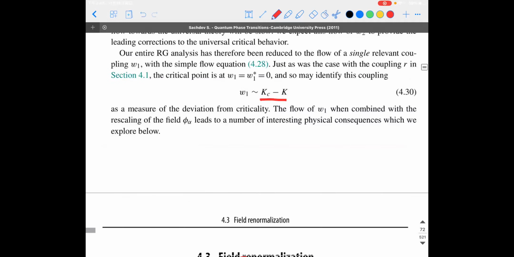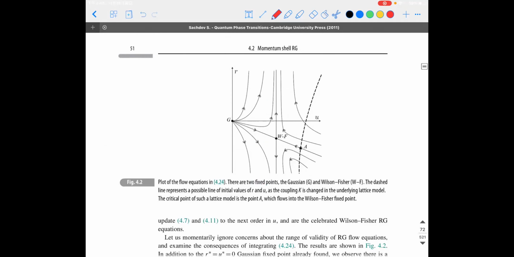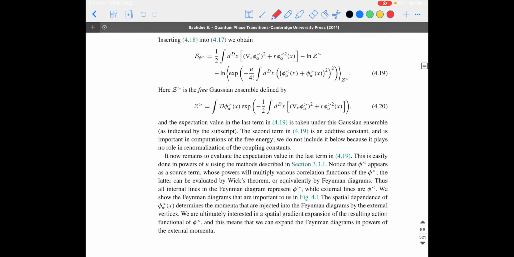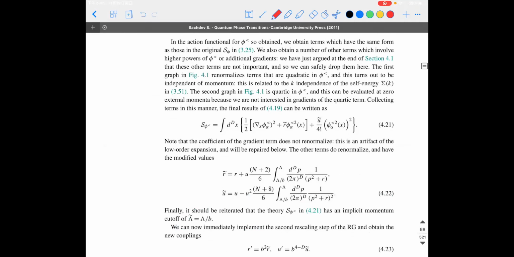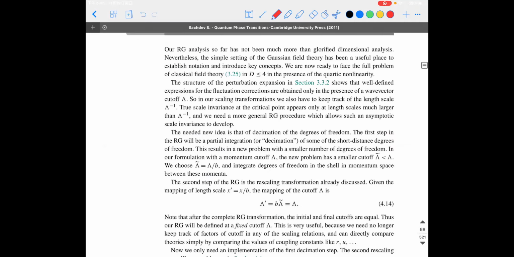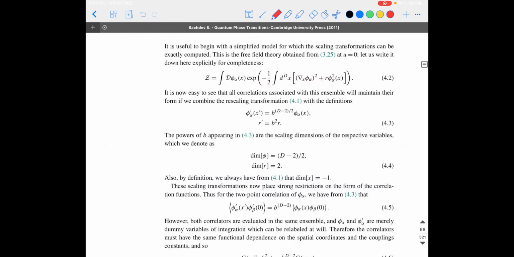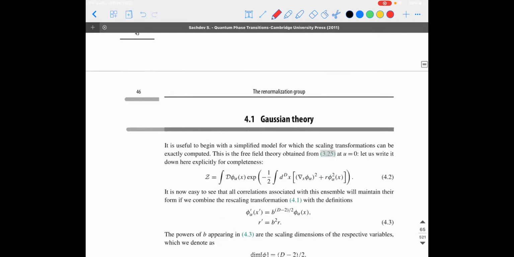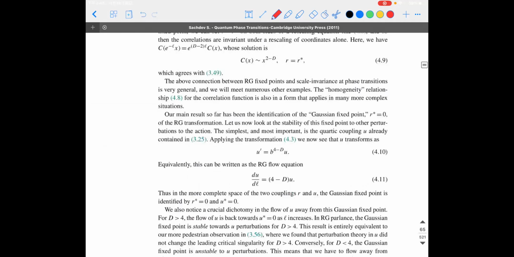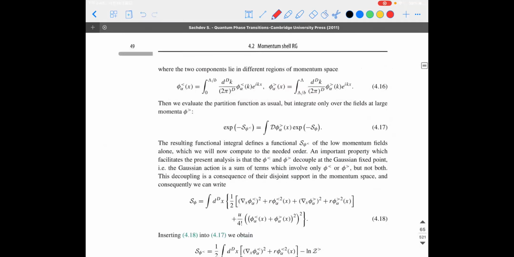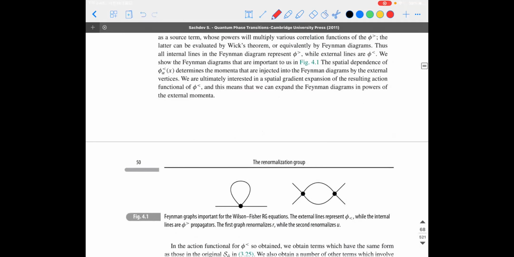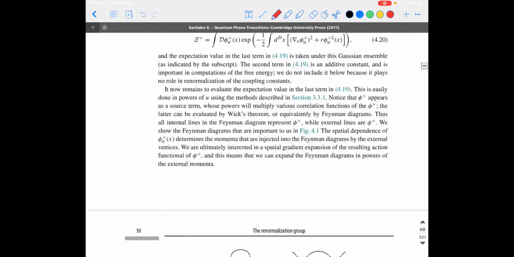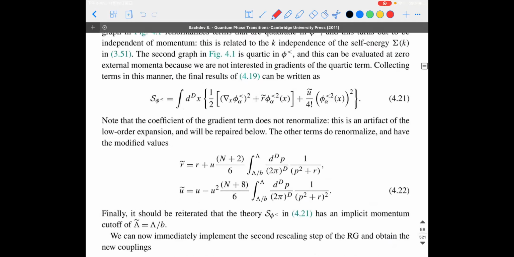We need to recall that when we calculate the self-energy, why does it have an epsilon? Why will it have an epsilon for the two loop correction? This is the key point. Two loop. Okay, I just found it. This is the self-energy. Let me see what the self-energy is.